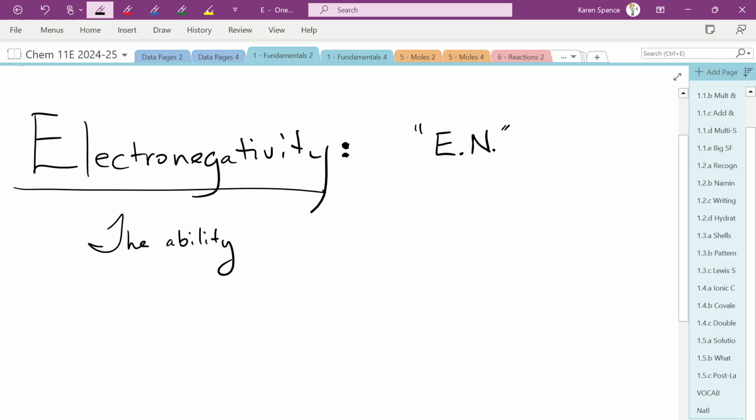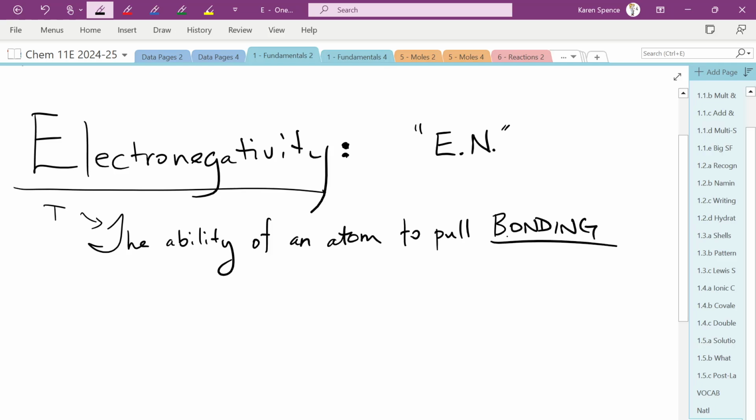And if you haven't yet figured out, that's my letter T, because I grew up doing cursive and it just stuck around. Okay, that's a letter T. The ability of an atom to pull bonding electrons towards itself.